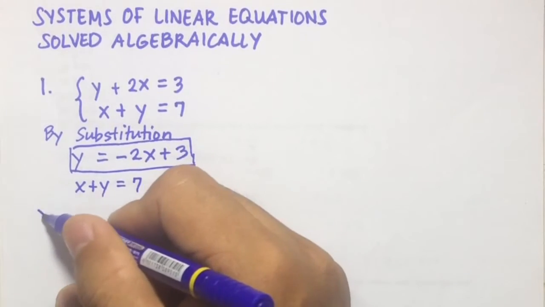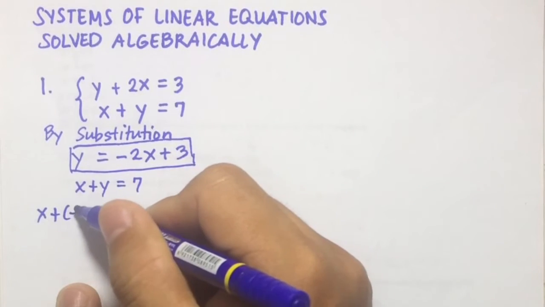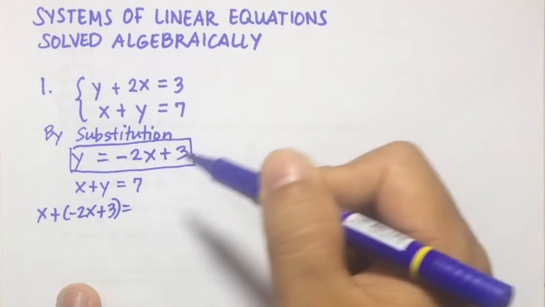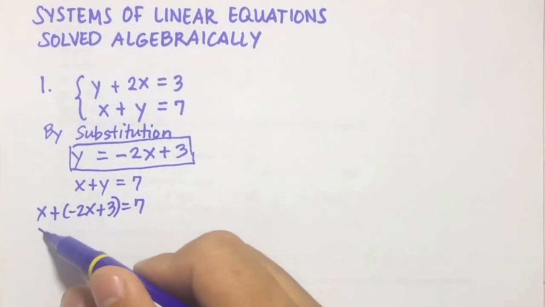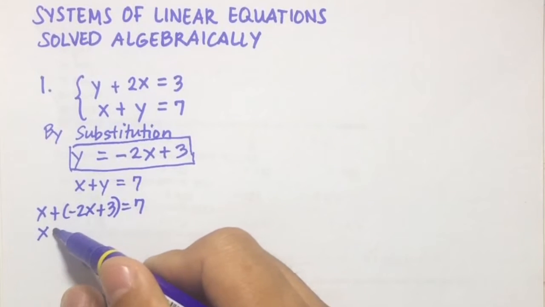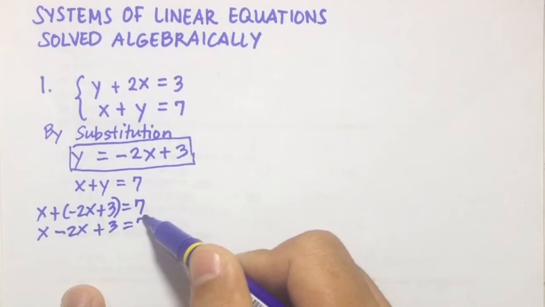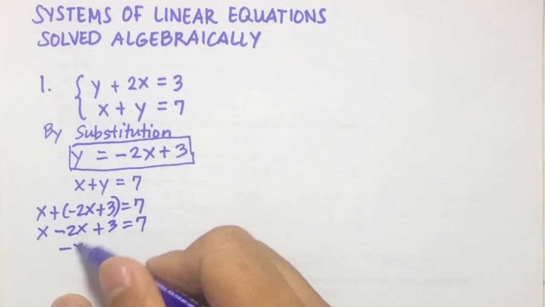So we're going to have x plus y, so we're going to use negative 2x plus 3, and this is equal to 7. Then this is x, then negative 2x, plus 3 equals 7. x minus 2x will be negative x.